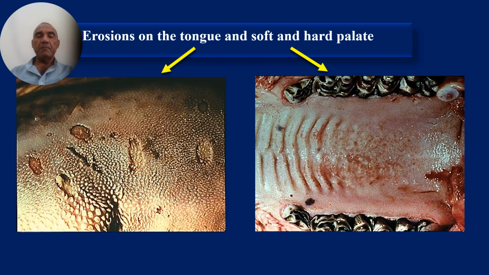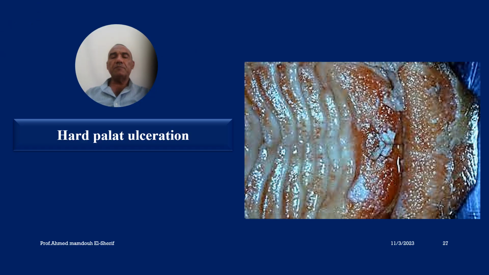Erosions of the tongue appear clearly in the left picture, and on the soft and hard palate in the right picture. Hard palate ulceration with diphtheric membranes appears in this picture.